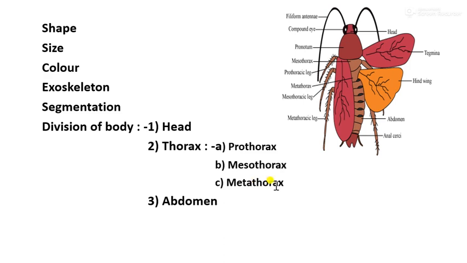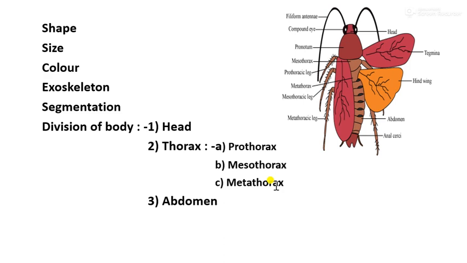The exoskeleton of each thoracic segment is formed by four chitinous sclerites: a dorsal tergite, laterally on each side a pleuron, and ventrally a sternite or sternum.